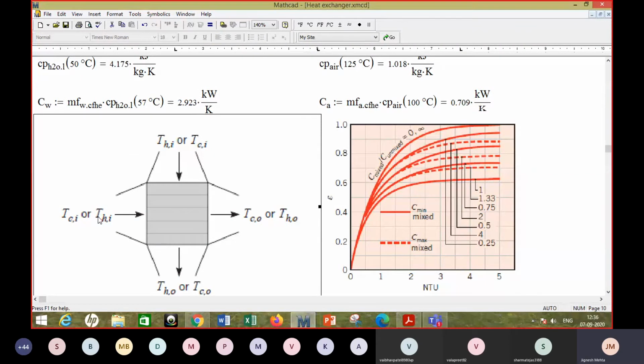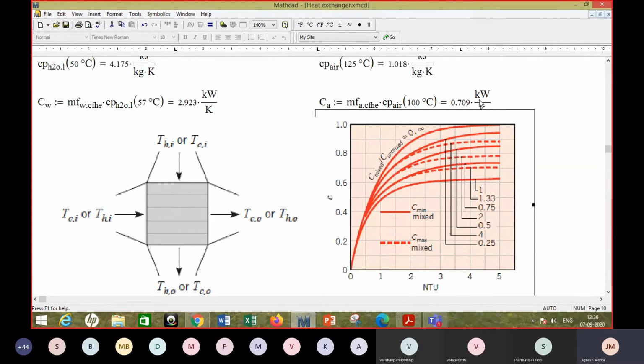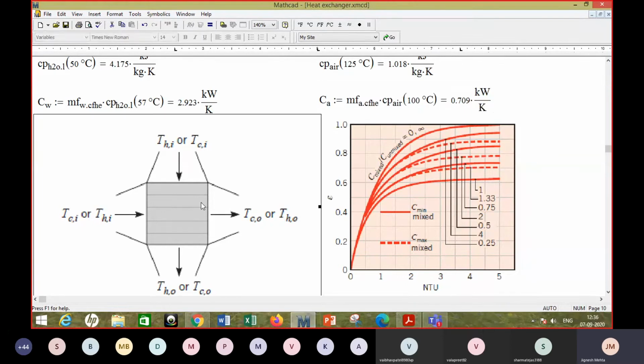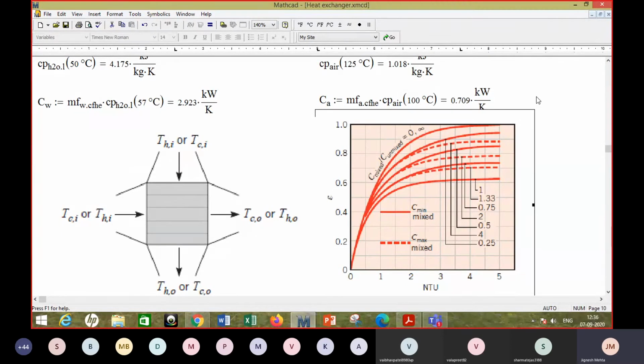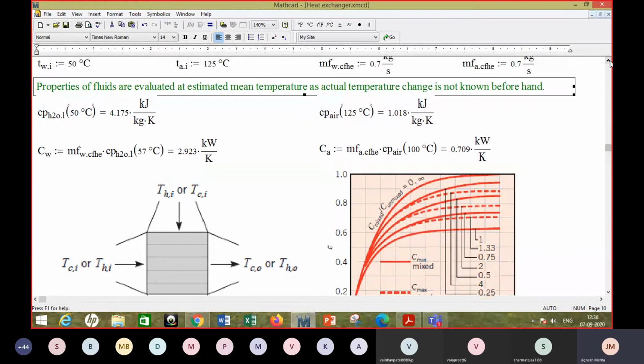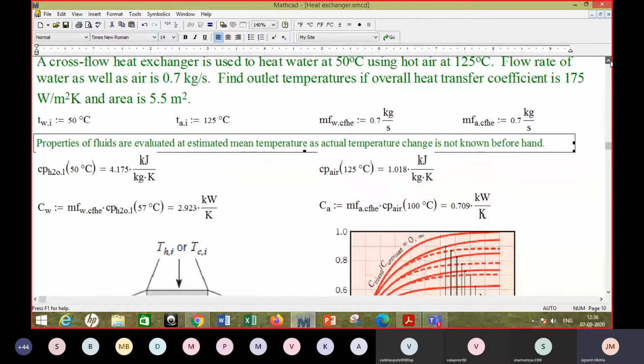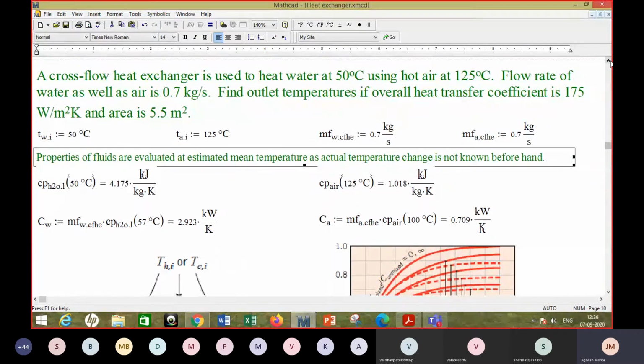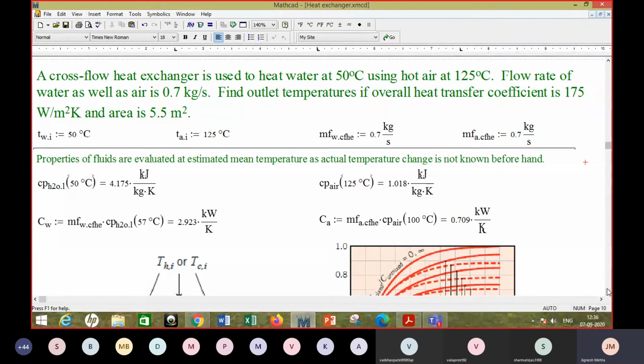Here, one of the fluids, as shown here, is unmixed and the other is mixed, right? That is the scheme that has been shown in this diagram. Now, is there anything which can suggest which fluid is mixed and which is unmixed? Actually, I don't think there is anything in the data which suggests this.